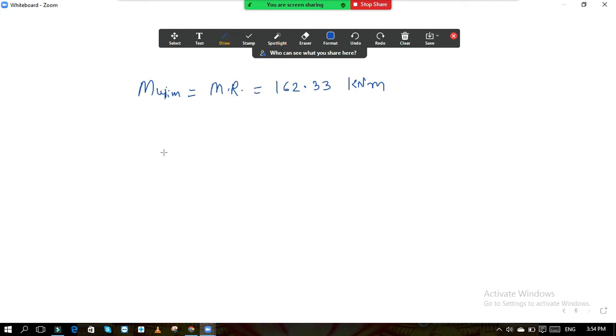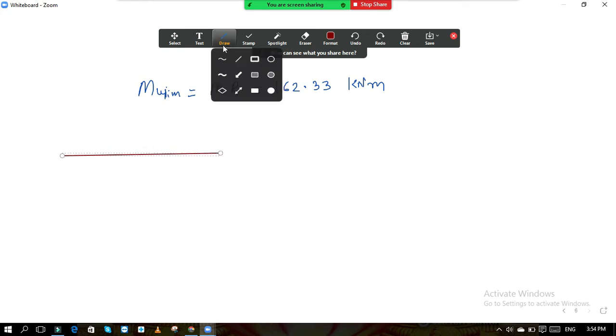Here, if I draw the beam, now this is the beam. This beam is simply supported, so this is the simple support. What is the span of the beam?